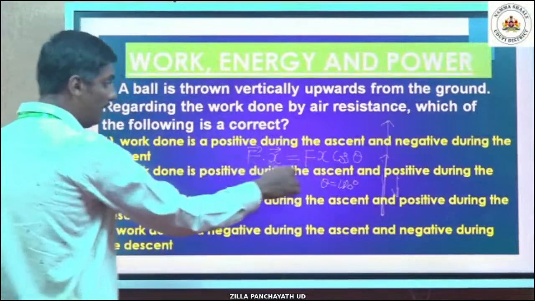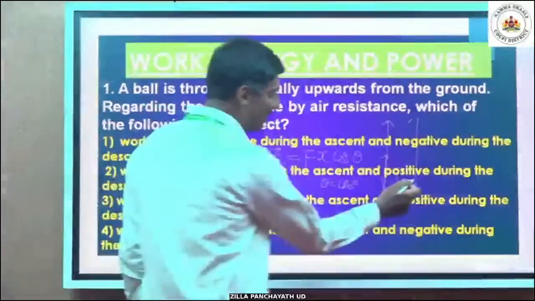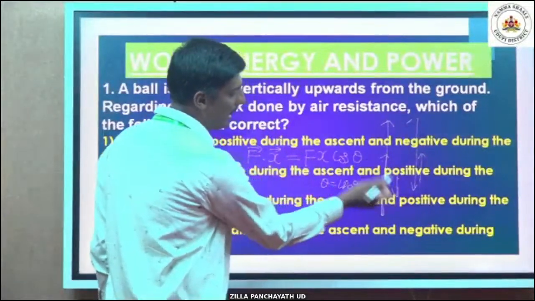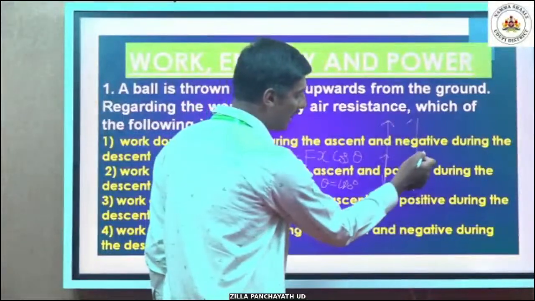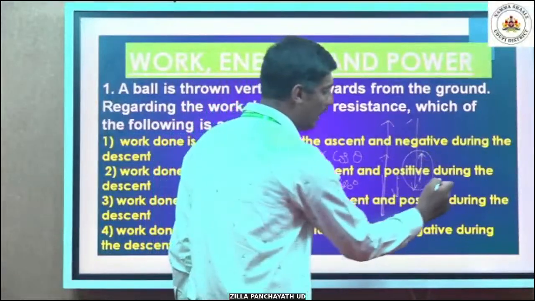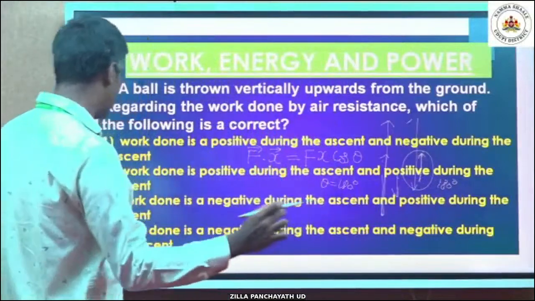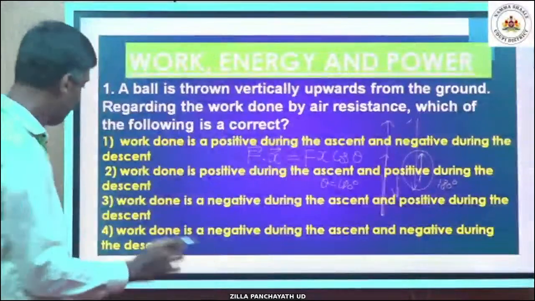Now during the downward motion, again air resistance opposes its motion. So during the upward motion air resistance opposes, and during the downward motion also air resistance opposes. So once again the angle is 180 degrees, and since it is 180 degrees, work done is negative. So work done is negative during the ascent and negative during the descent also.